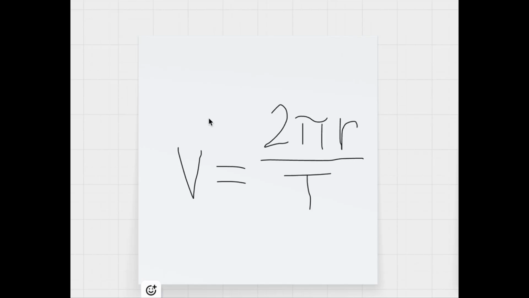Okay, and now to find the actual speed at which the bucket travelled, we're going to be using this equation, V equals 2 pi r over t, where r is still the radius, and t is the time of the period, which is the amount of time it takes for the bucket to do a full loop.